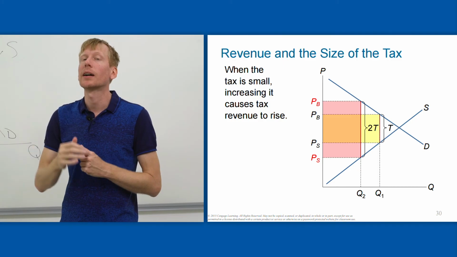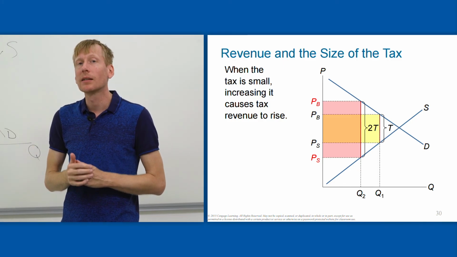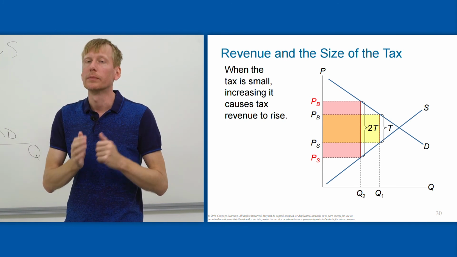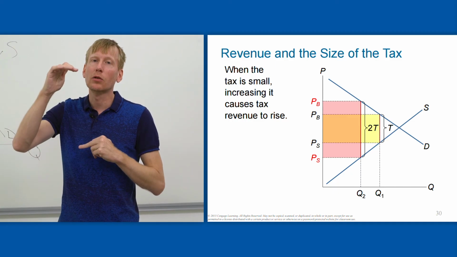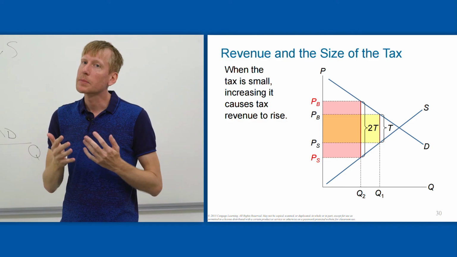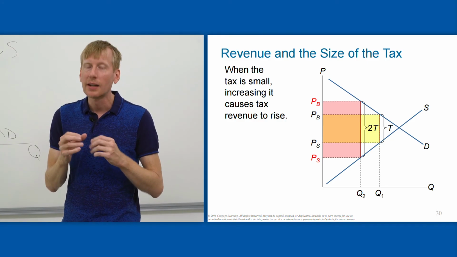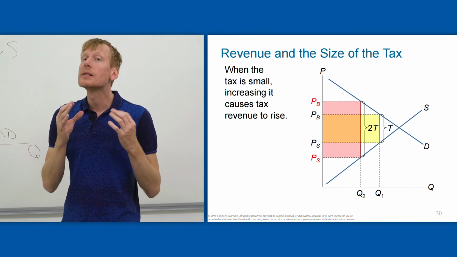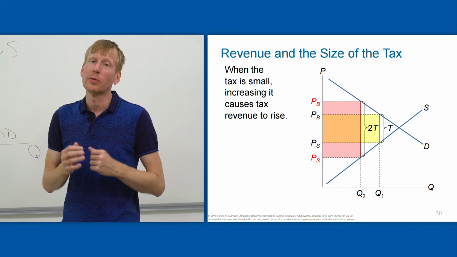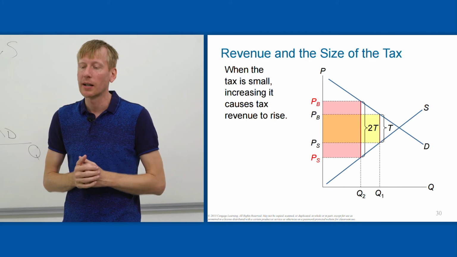The height of the rectangle will double, but the base of the rectangle will decrease from Q1 to Q2. So the height of our rectangle grows, the base of our rectangle shrinks. Sometimes this could cause an overall increase in the area of the rectangle, in more tax revenue. Sometimes it could cause a decrease in the overall area of our rectangle because of the decrease in the base of that rectangle.